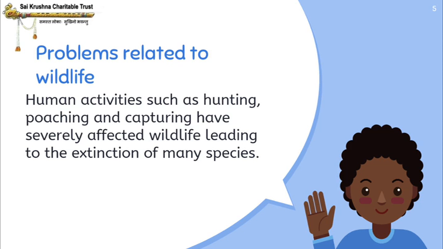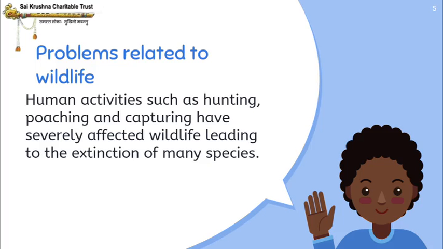So for what do you hunt? So you kill an animal or you kill a bird, right? So for a profit purpose, you hunt the animals. And also poaching. So what do you mean by poaching? So you poach the elephants for ivory, which means for the sake of wildlife products, you kill it or you make use of some parts of the animals.